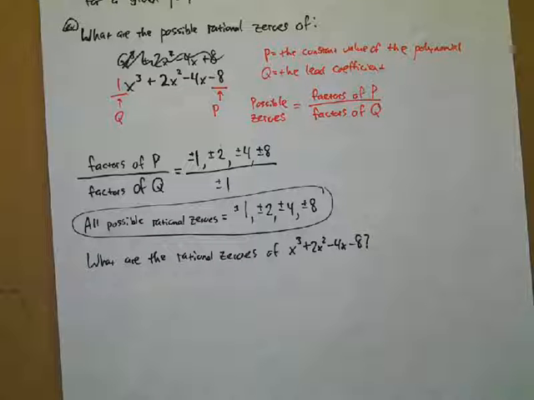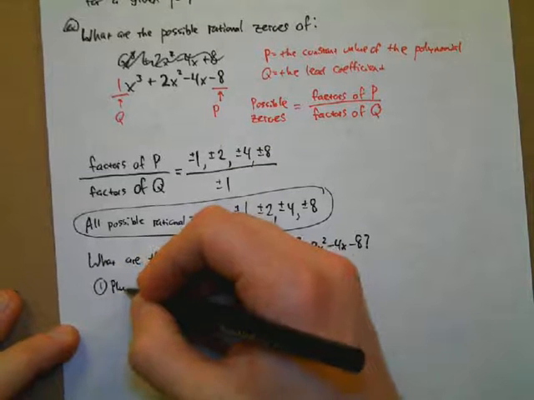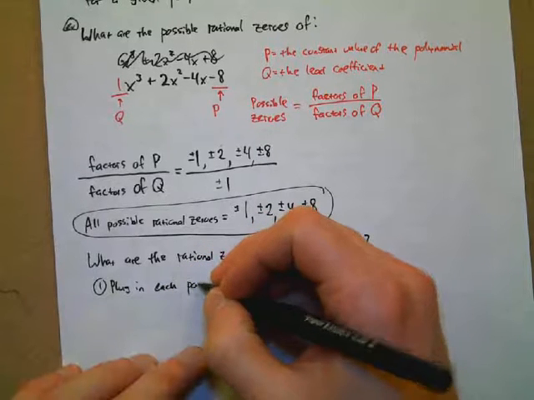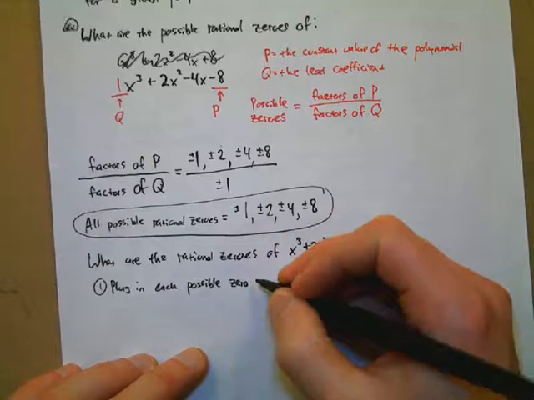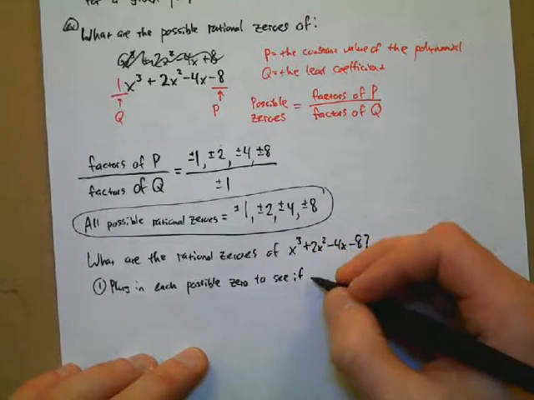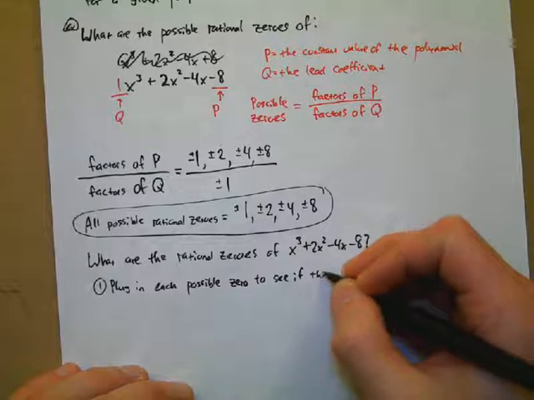So one option: plug in each possible zero to see if the polynomial will equal 0. Okay, so that's one option. Any other ideas? What else can we do?